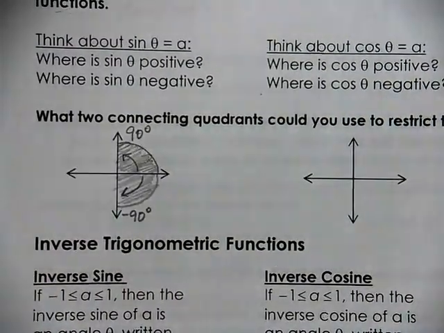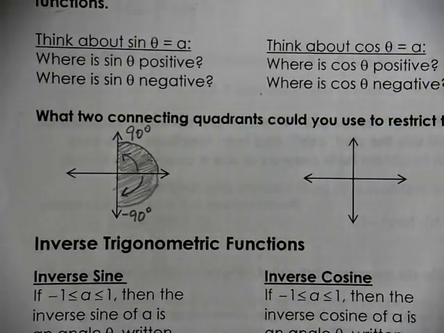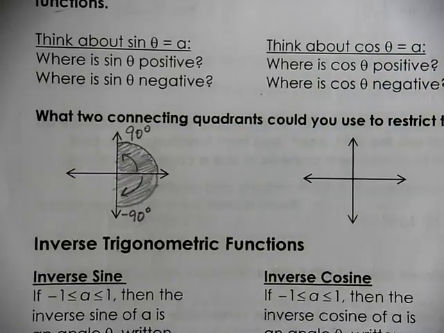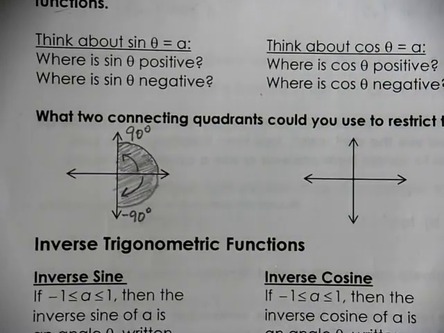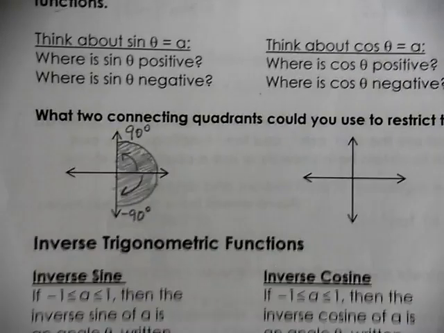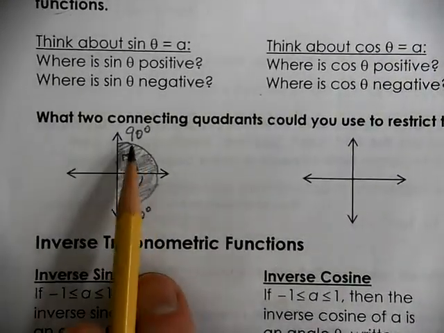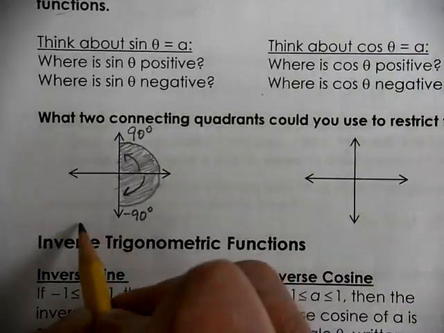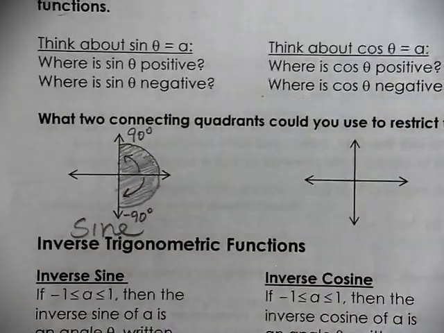When you type this into your calculator, you are not going to get a 300 degree value from sine inverse. You're going to get a negative value if it's in the fourth quadrant. So you have one positive, one negative, and that is for sine.